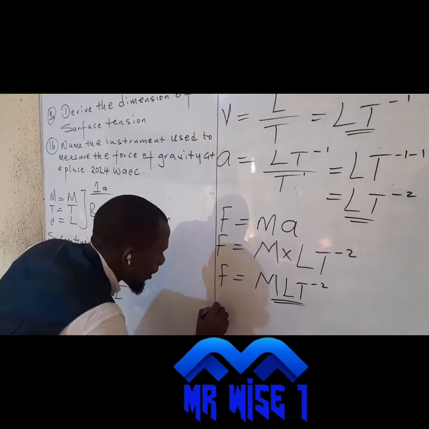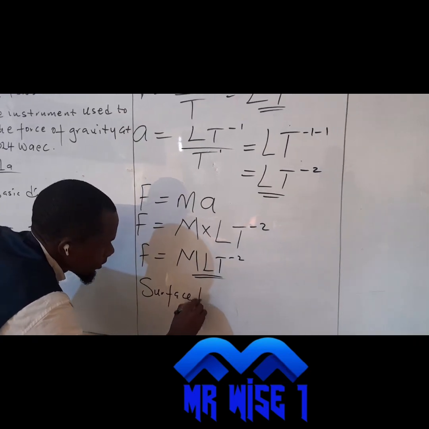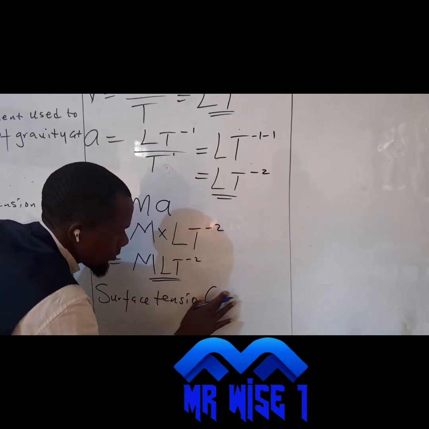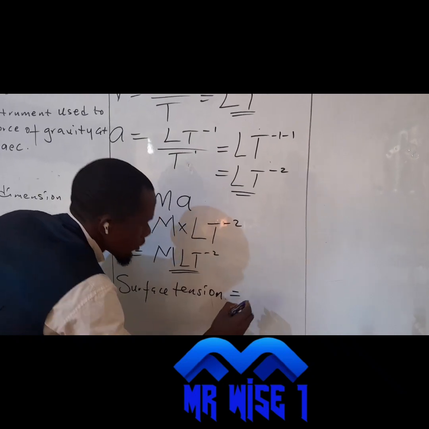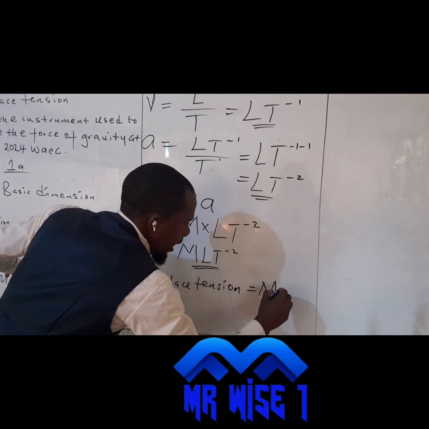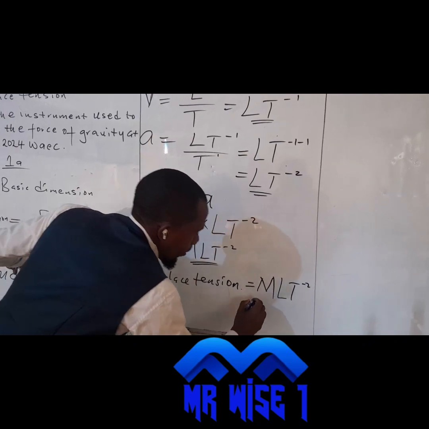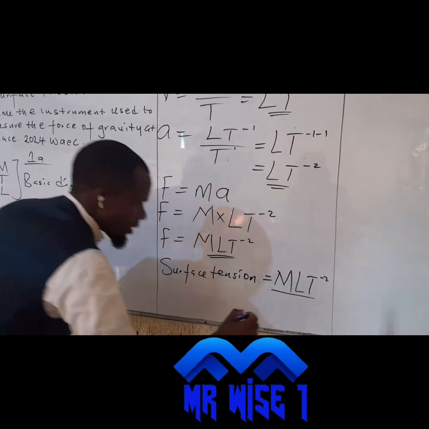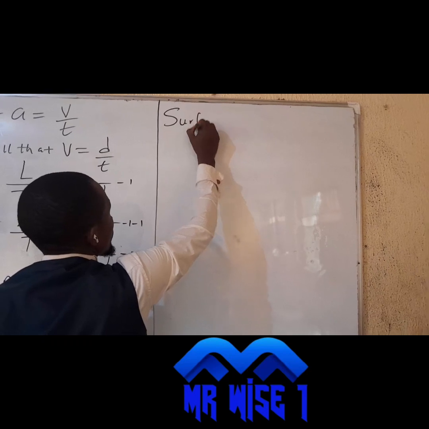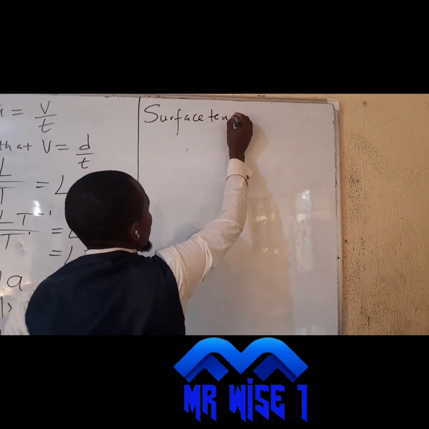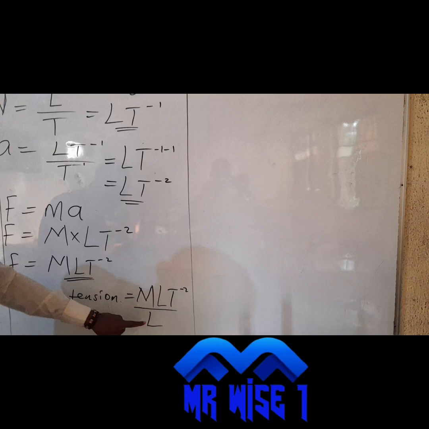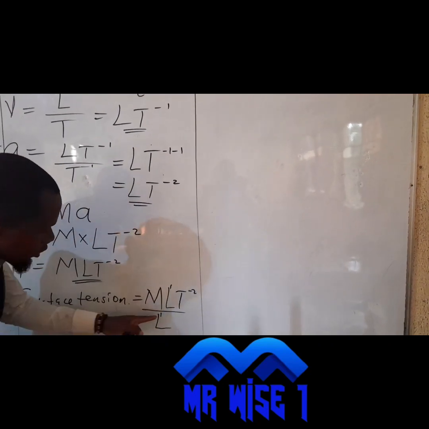My surface tension is equal to F, which has been solved, M L T minus 2, over the dimension for length, which is still capital L. Because there's L here and there's L here, this is something as 1, this is something as 1, so this will go and meet this.